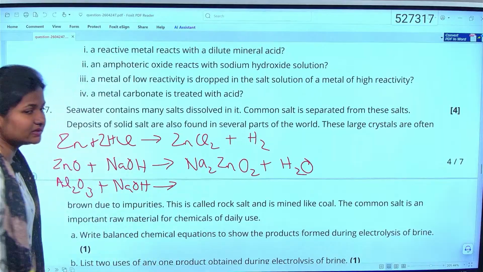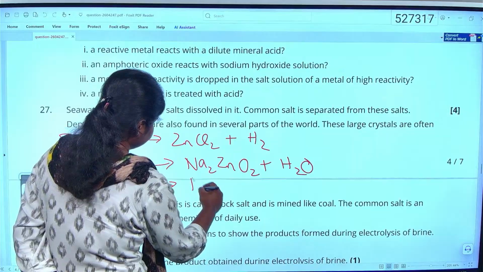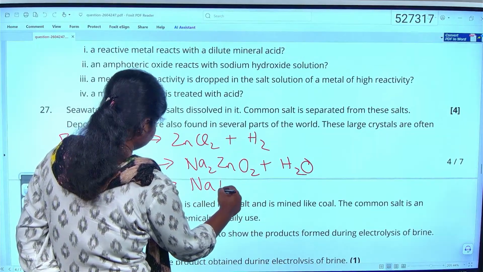Aluminum oxide plus NaOH. Sodium aluminate formula, NaAlO2.